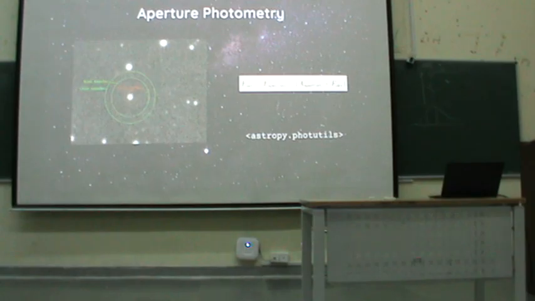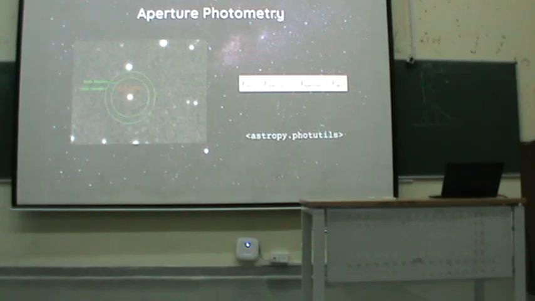What does this number mean? This corresponds to the brightness of the sky around the object, right? So you have the brightness of the sky just in the neighborhood of the object, and you have the brightness of the object itself in that particular condition.